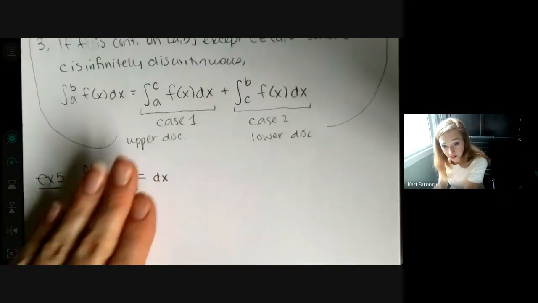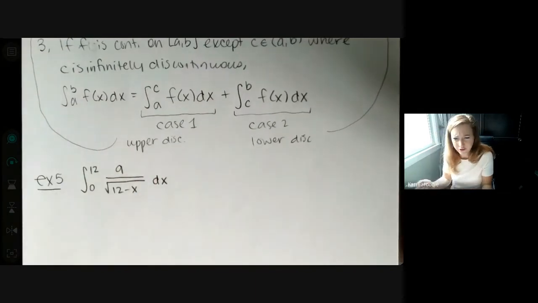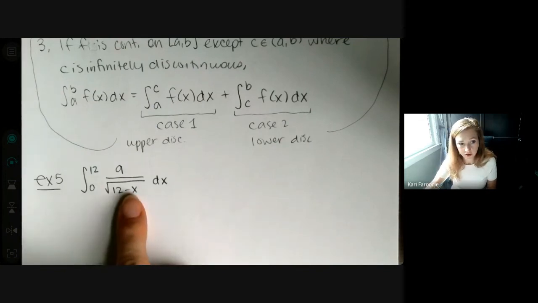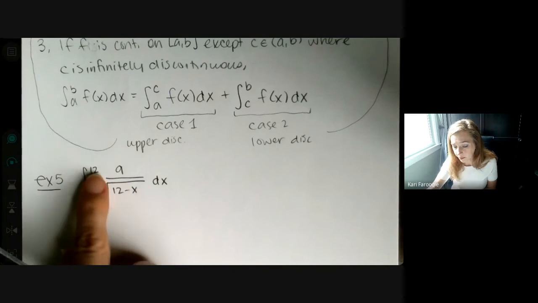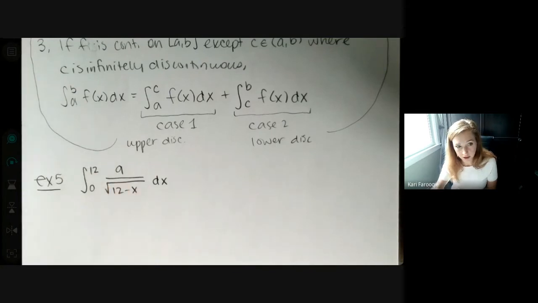When you first see this problem, you're just like, okay, fine, Calc 1 problem, it's just FTC. And then it's not until you go to evaluate it and you realize you're dividing by 0 that you realize something's wrong. So it's tricky. It's very deceiving. If you see something like this, think about what's happening with your limits of integration.